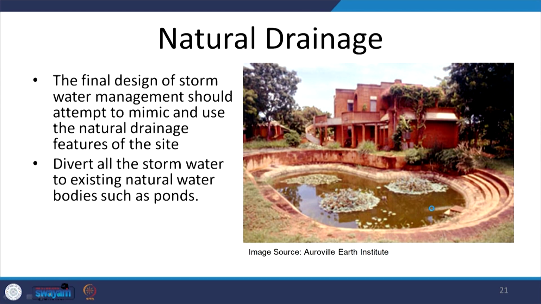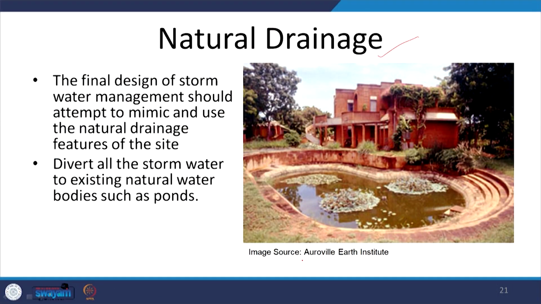Then natural drainage. Natural drainage is retaining the drainage pattern which was naturally occurring, which we have also talked about when we were talking about the natural topography. If we look at the beautiful case of Auroville, this is only the Auroville Earth Institute shown in the picture here, but if we look at the concept and how the entire Auroville developed.